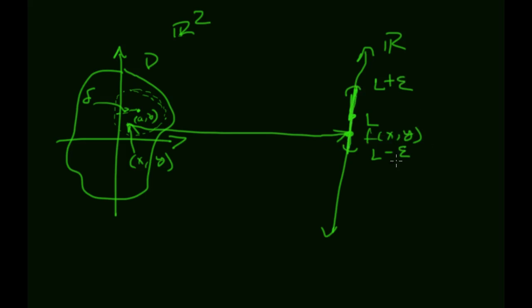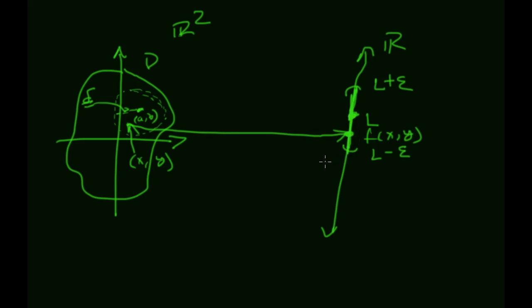And if I can keep making epsilon smaller, and I can keep finding a delta that makes a ball that maps between those two epsilons, then I can say that the limit as (x, y) approaches (a, b) has the function going toward L.